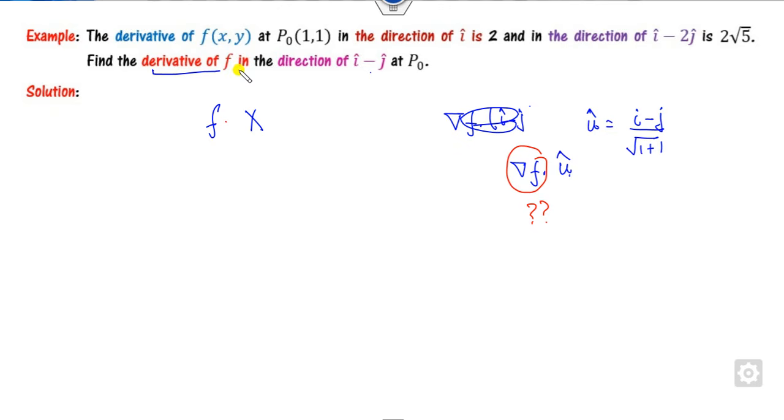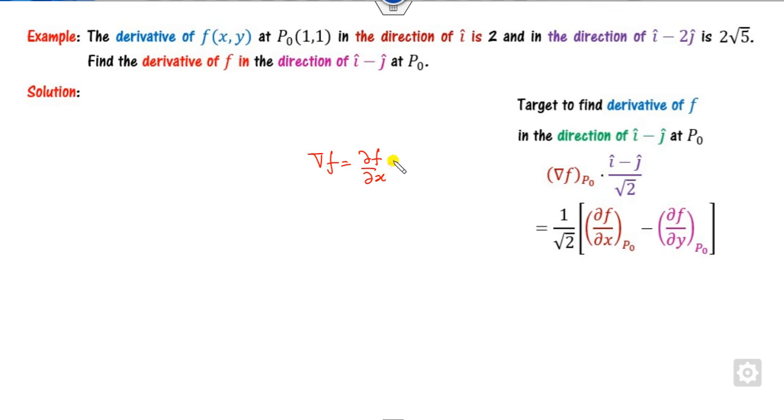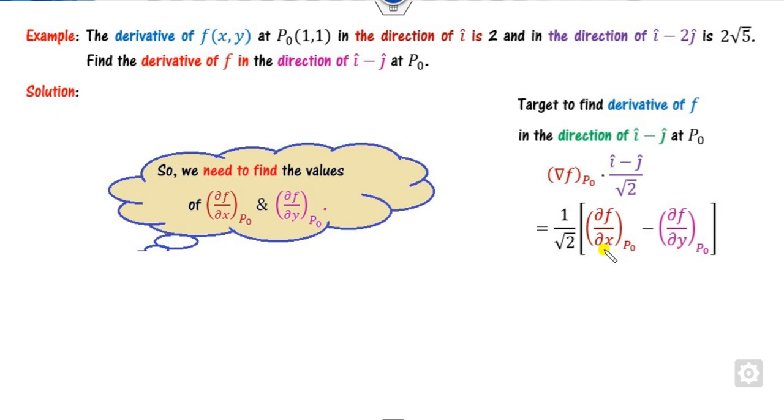So this is another type, and it's very simple. Your target is to find this, where this is u cap. It's a two-dimensional problem, so the gradient of f is del f upon del x i cap plus del f upon del y j cap. If you take the dot product with u, your target is to find the value of these two partial derivatives.